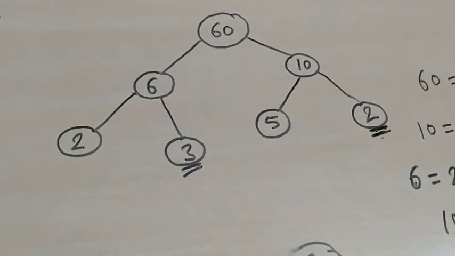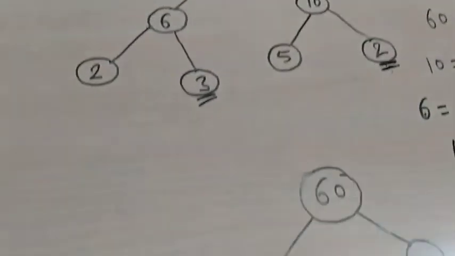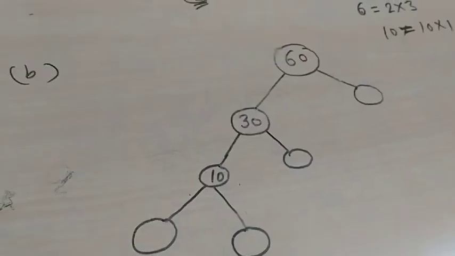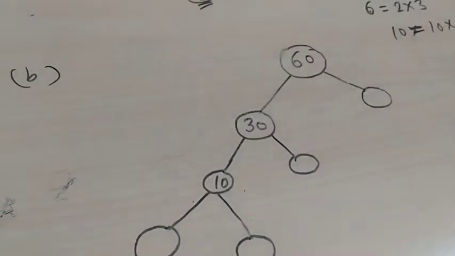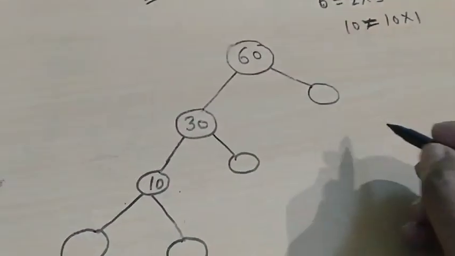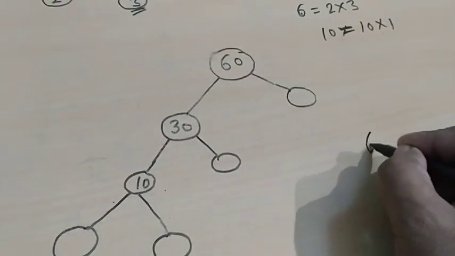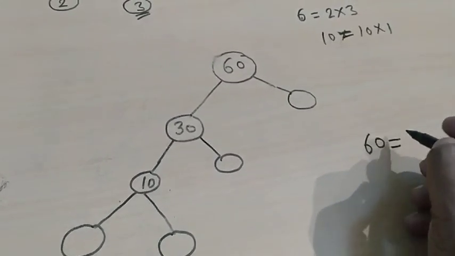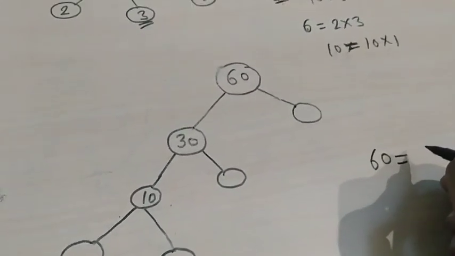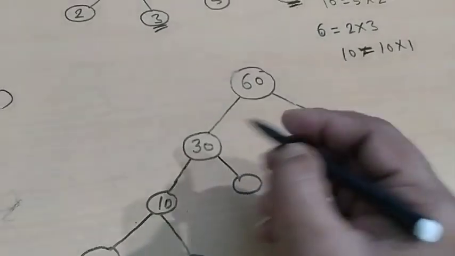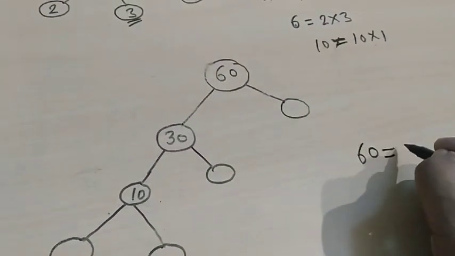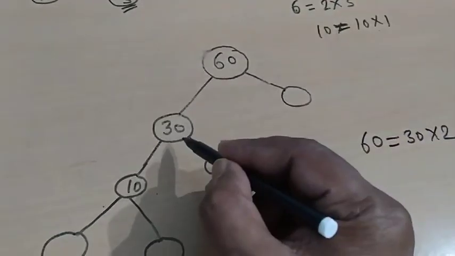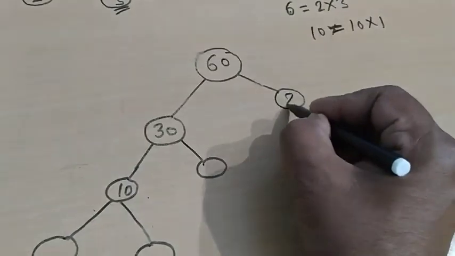Okay, now in B part. This is B part. So this is 60, you can write 60 in many ways: 15 times 4 is 60, 20 times 3 is 60, but one part is given here as 30, so you write 30 times 2. So here you can write 2.